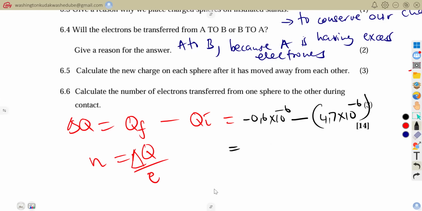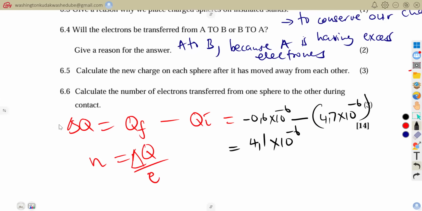So I now have negative 0.6 plus 4.7. That gives me 4.1 times 10 power minus 6.